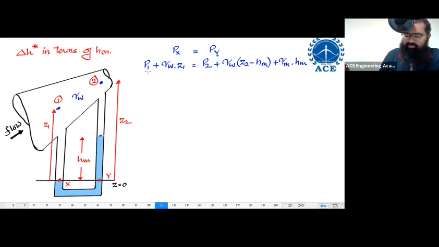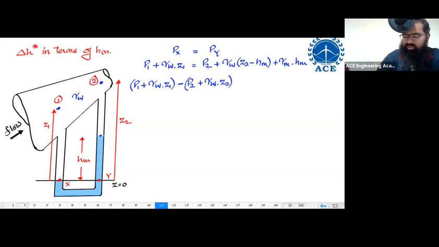Now look at this. P1 over here is static pressure. Gamma W into Z1 over here is hydrostatic pressure. The sum of these two is what pressure? Piezometric pressure. Let me take the piezometric pressures on one side. So I have over here P1 plus gamma W into Z1 minus P2 plus gamma W into Z2.